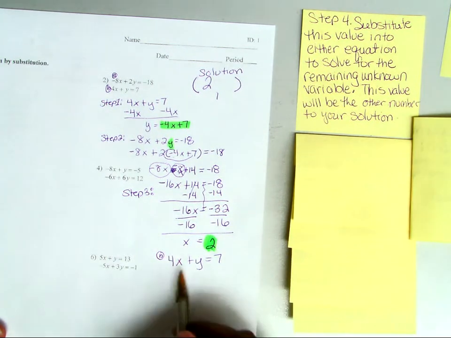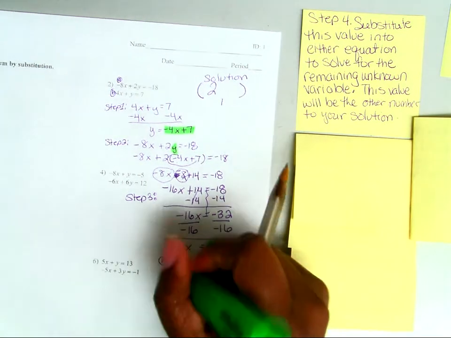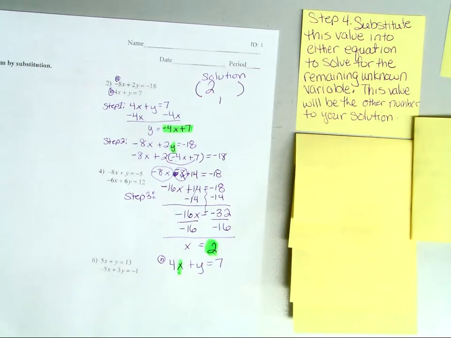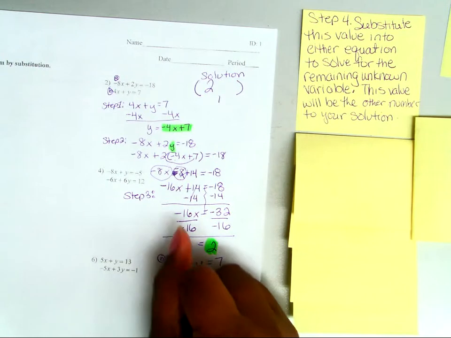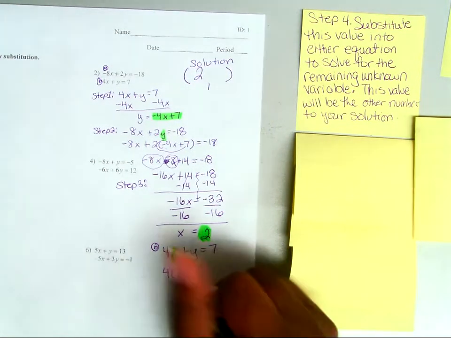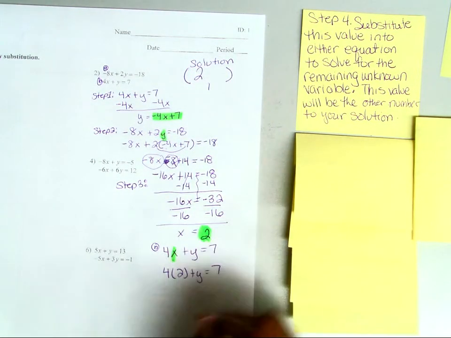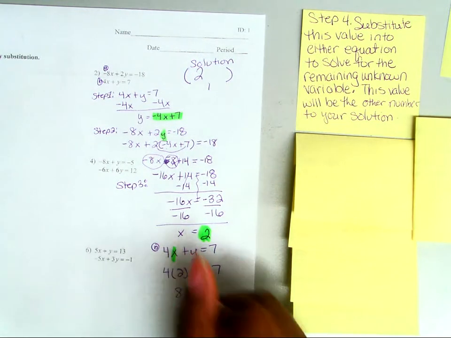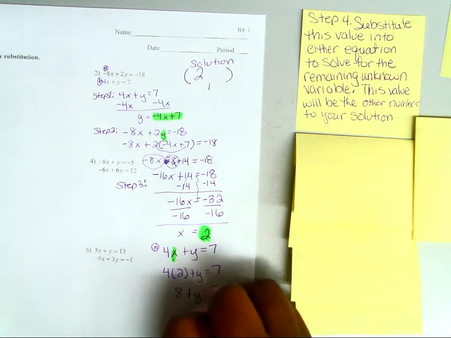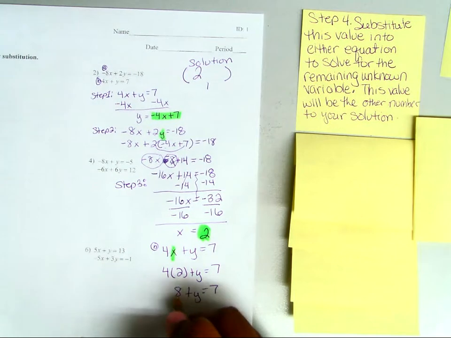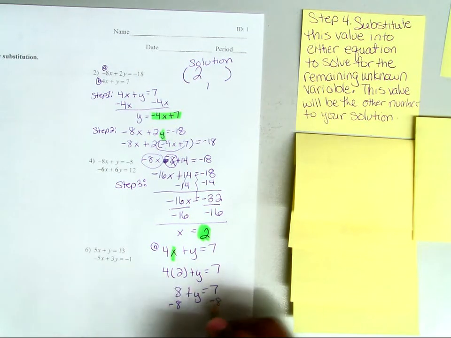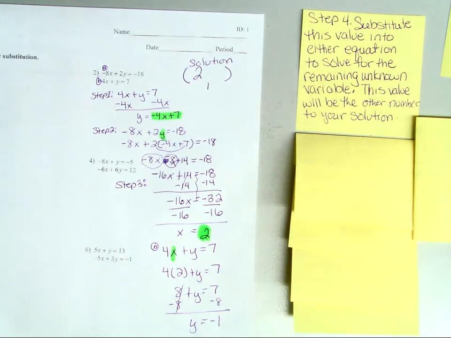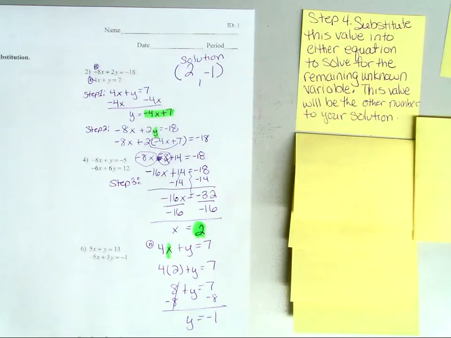So 4 times 2 plus y equals 7. 4 times 2 is 8, plus y equals 7. I'm solving for y. This is a positive 8, so minus 8 on both sides. These cancel. y equals negative 1. I put that as my other part of my solution. You just did a system of equations by substitution.